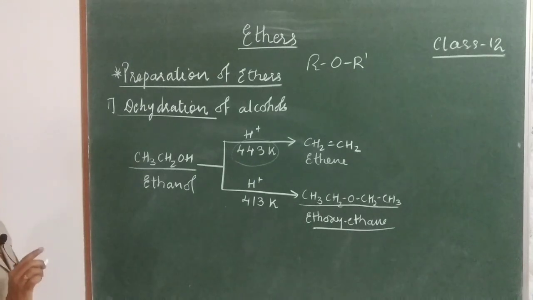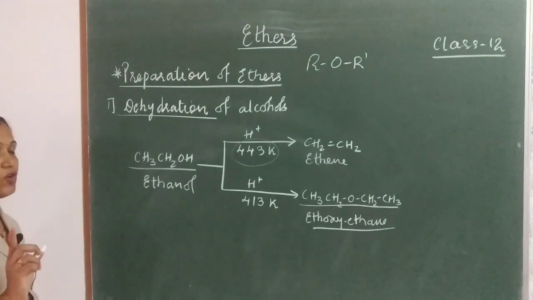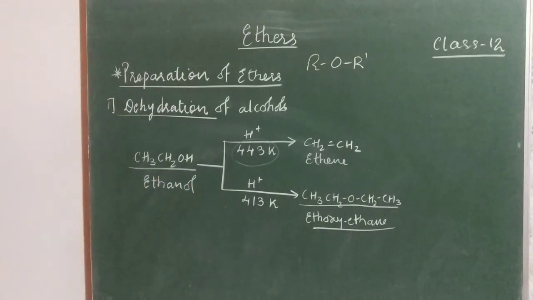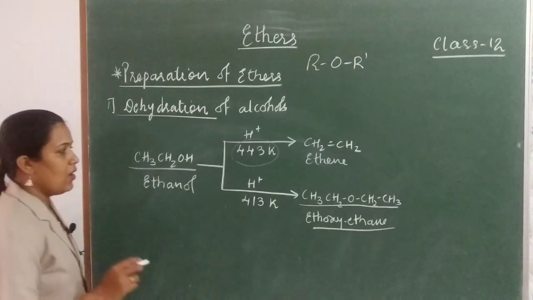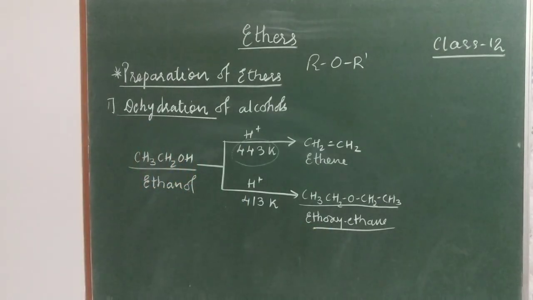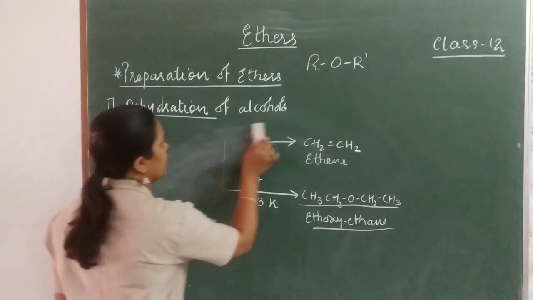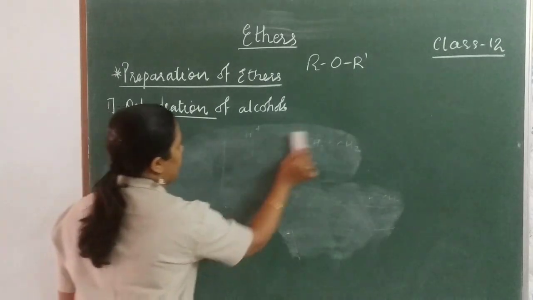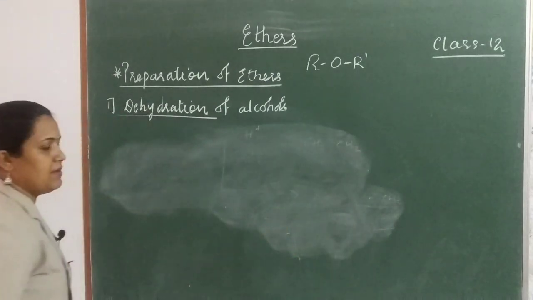In the chemical properties of alcohol we already studied the mechanism of how ethanol converts into ethene. Now let's see how ethanol is converting into ethers, and this mechanism is also one of the important mechanisms. In board examination this has been asked for 2 or 3 marks. Now let's understand the mechanism.